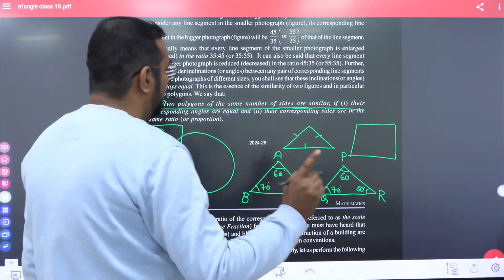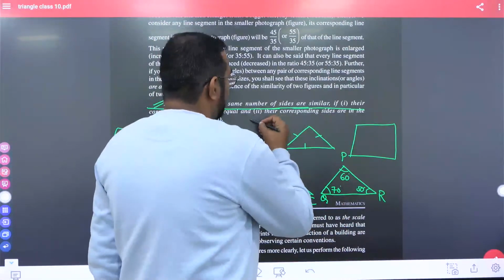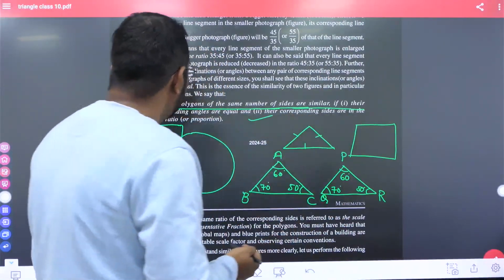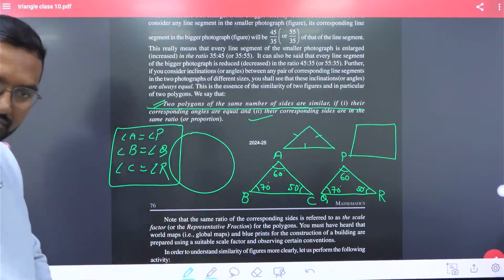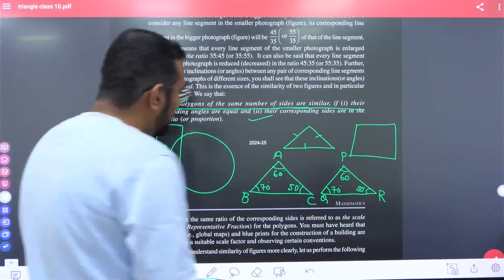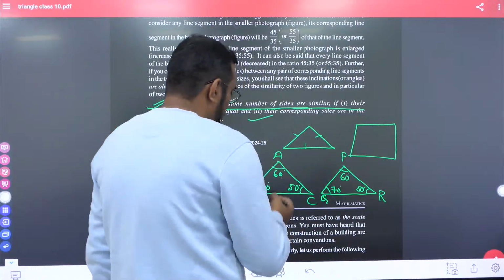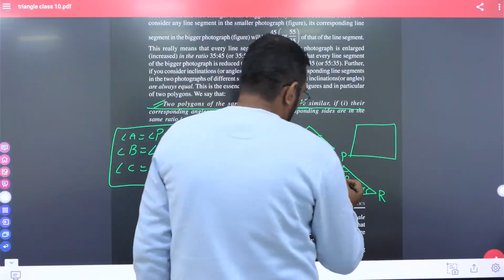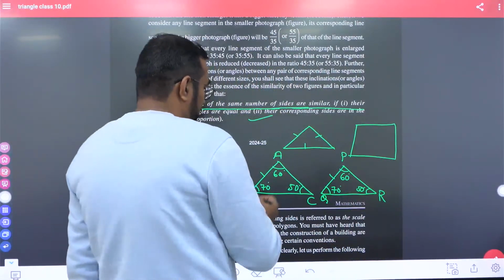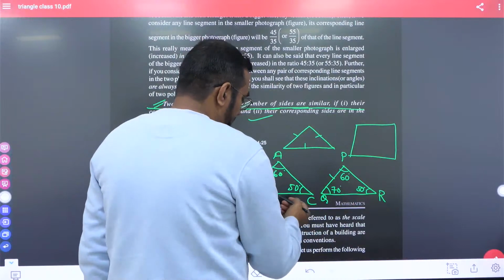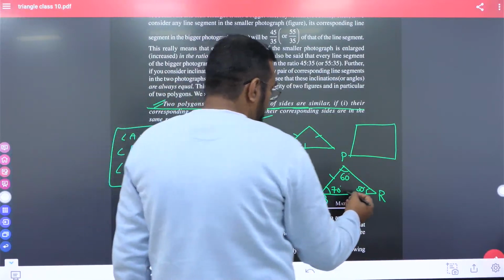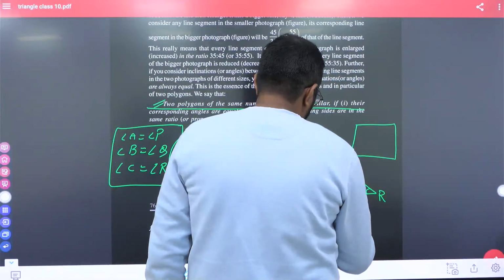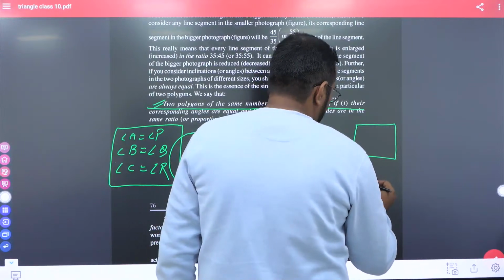This is the first criterion. Second, their corresponding sides are in the same ratio. Here the corresponding side of AB is PQ, of BC is QR, and of AC is PR.